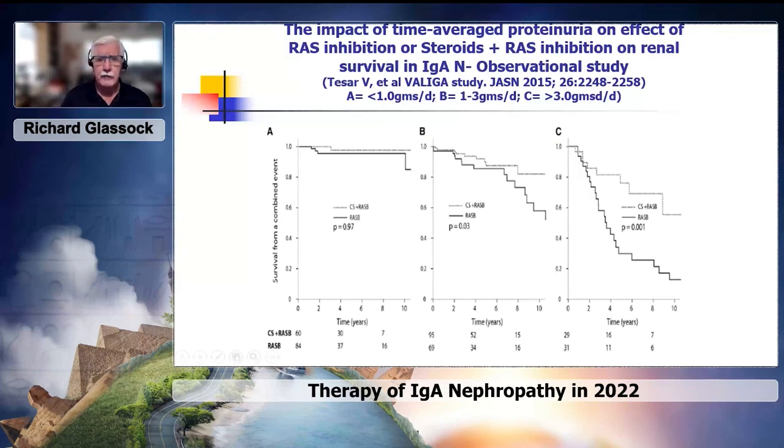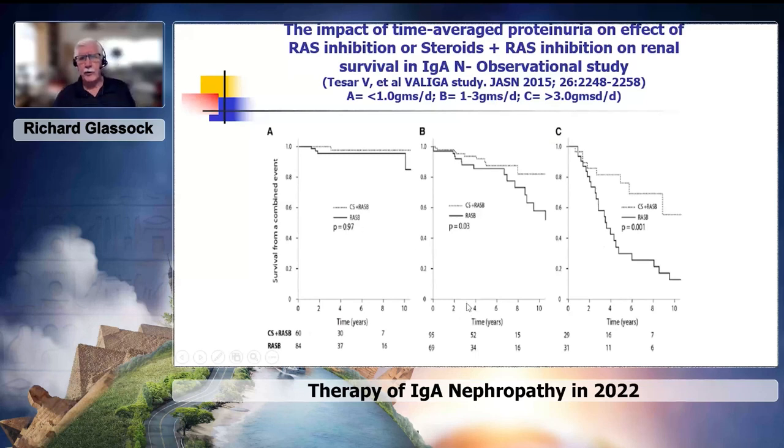Now, the value of adding steroids to RAS inhibition varies according to the magnitude of the baseline proteinuria. If the baseline proteinuria is less than a gram a day, as shown in the Valiga observational study, there's no benefit of adding steroids.